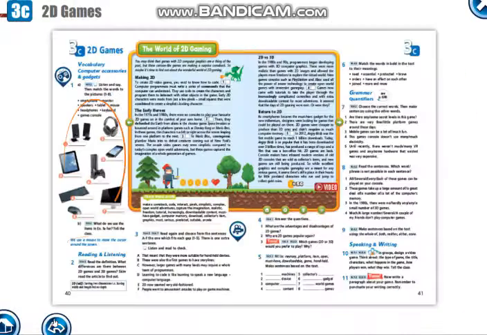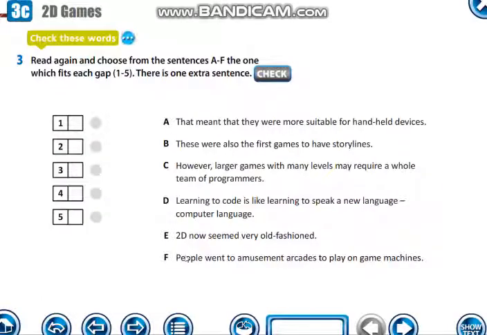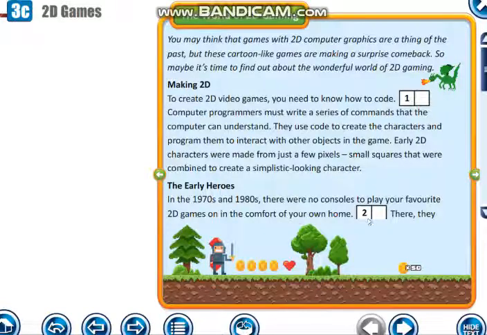Now, and also in exercise 3, there is a text, The World of 2D Gaming. And you should read this text and complete the gaps. Now look at the gaps with suitable sentences from exercise 3, page 40.